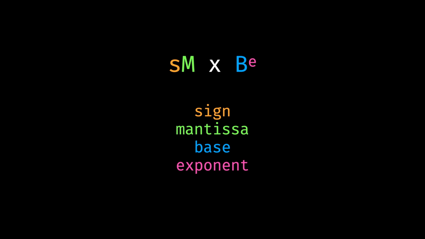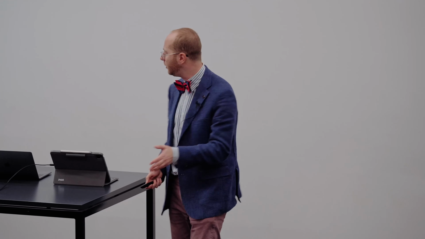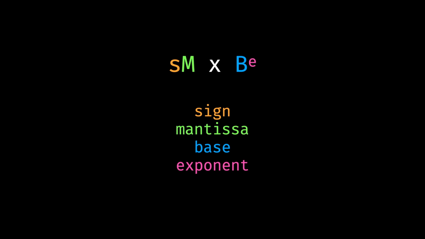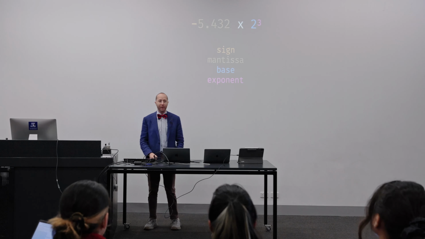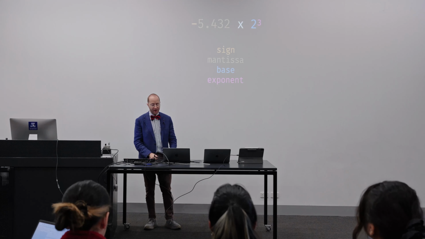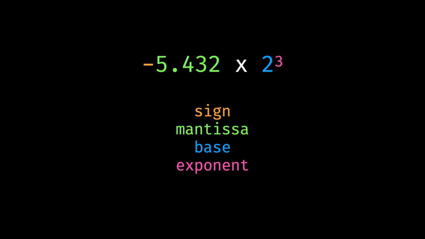And then to calculate the number, we take the sign, the mantissa, and then we multiply that by the base, which Afan said, what number are we always going to use for our base in computing? 2. And then raise the base to the power of the exponent, which we're going to store in some of the bits. So as an example, we have negative 5.432, that's the sign and the mantissa, multiplied by 2 to the power of 3, where 3 is our exponent and 2 is our base.